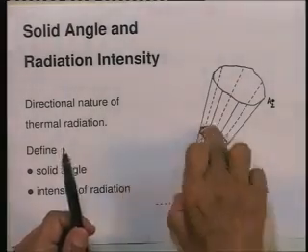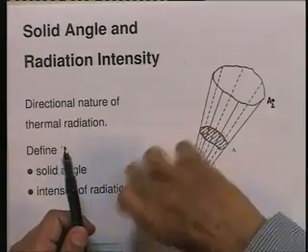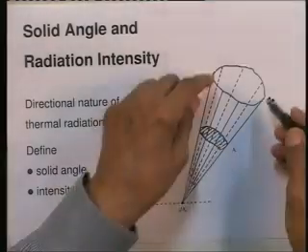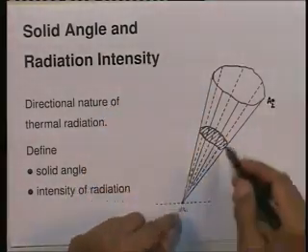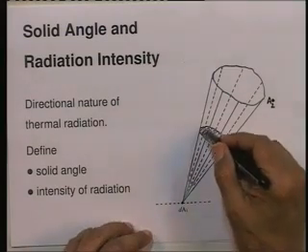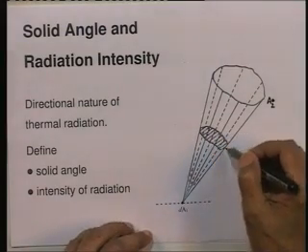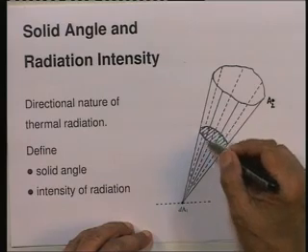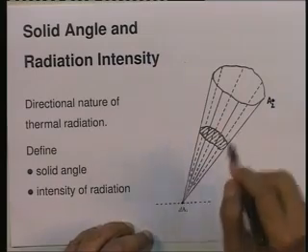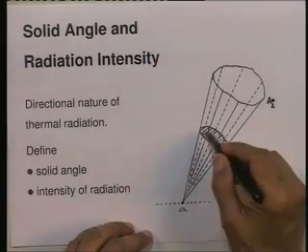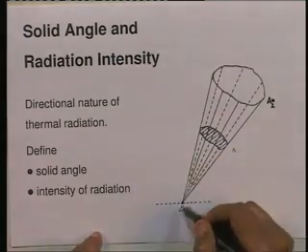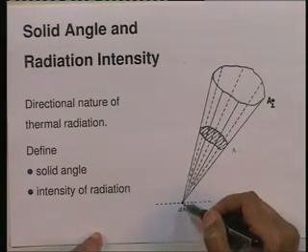The cone which we have drawn earlier will intersect this sphere of unit radius, and let us say that on the surface of this sphere, the cone cuts out an area A.